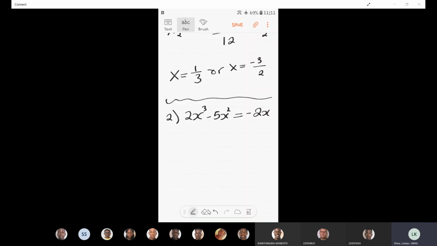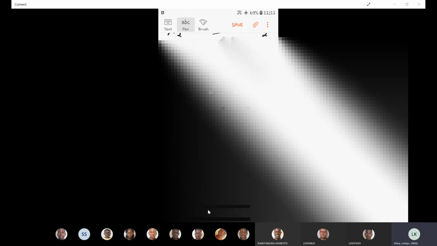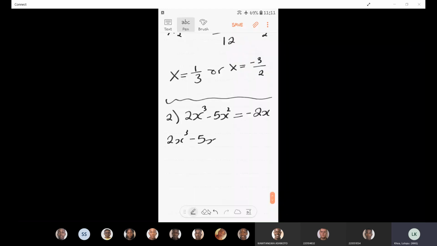So what you do, again, collect all the terms on one side. So here you will have 2x cubed minus 5x squared plus 2x, and this is equal to 0. Then what you do is you factor x out.